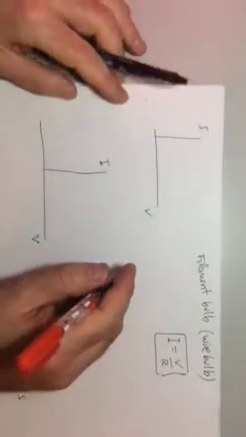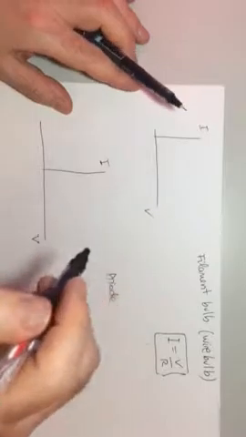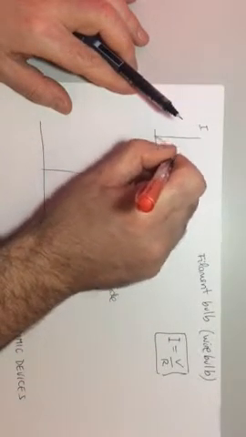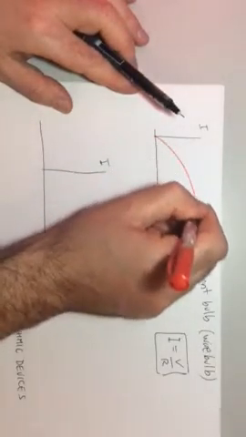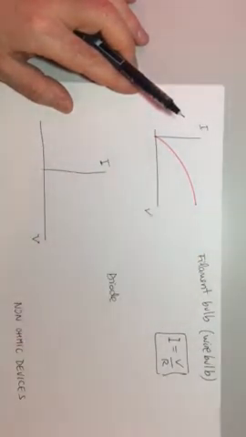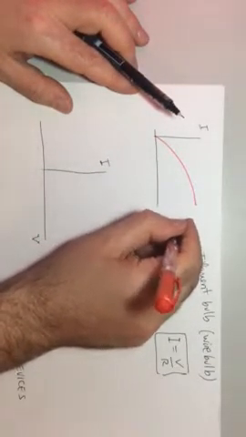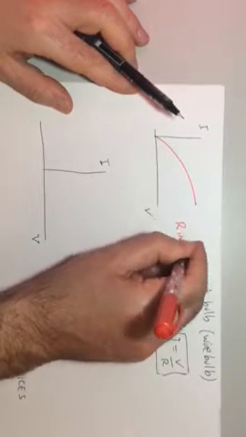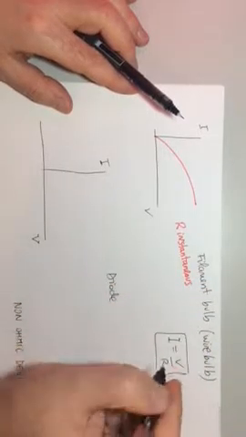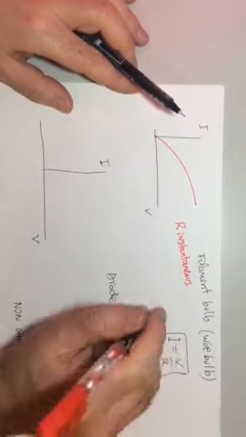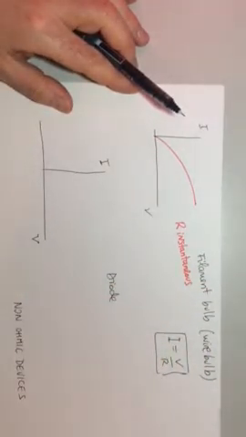If I have a filament bulb, with current over voltage, my graph will be a curved line. If I use the tangent, I can calculate the resistance at any point. So I can calculate an instantaneous resistance, but I cannot calculate an average resistance as I did previously.